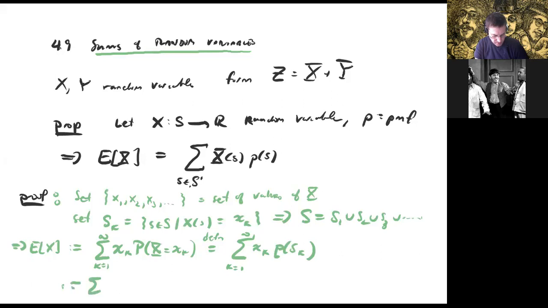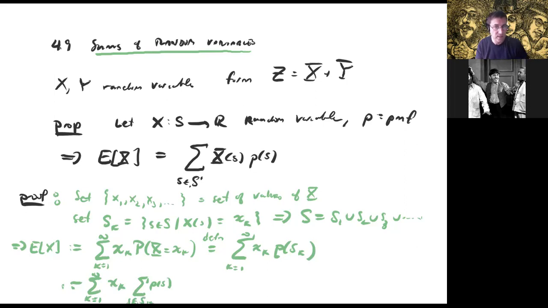Well, let me first rewrite this, the sum over k, xk. The probability of Sk is an event, so that's a union of outcomes. Which outcomes? It's the sum of the probabilities of all s's, where s is an element of Sk.